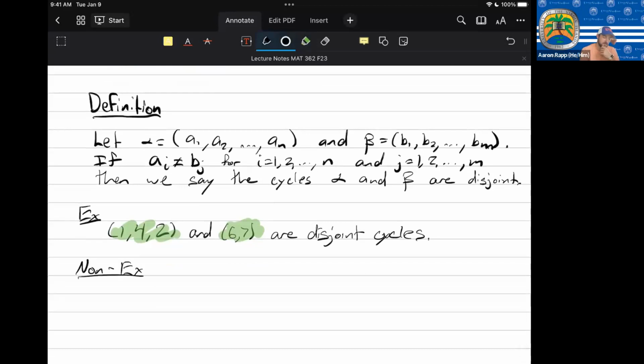And there are plenty of non-examples. We've also gone through a couple. So (1 3 5 7) and (2 3 4 6) are not disjoint.